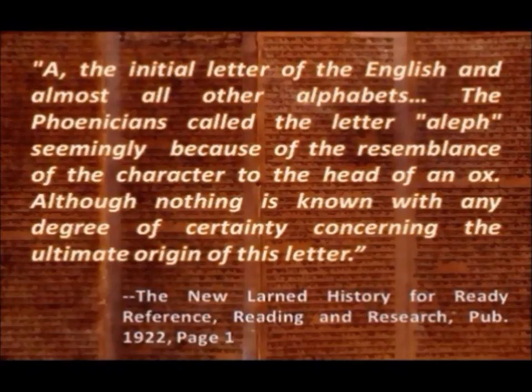The Phoenicians called the letter Aleph, seemingly because of the resemblance of the character to the head of an ox, although nothing is known with any degree of certainty concerning the ultimate origin of this letter.